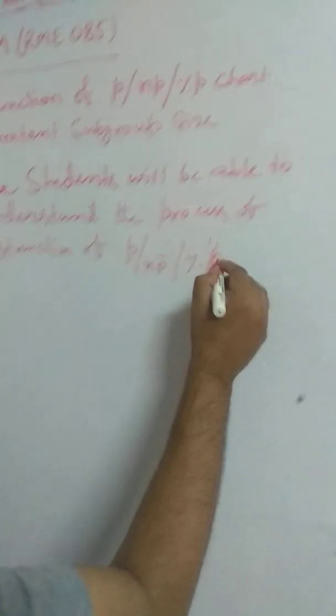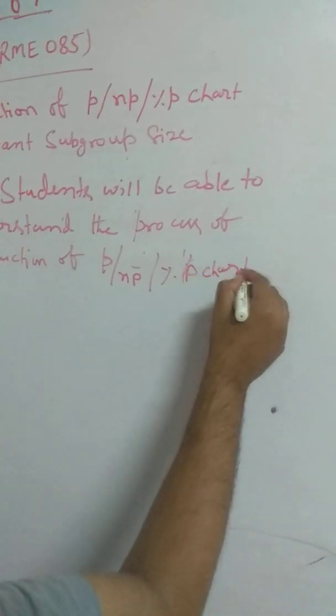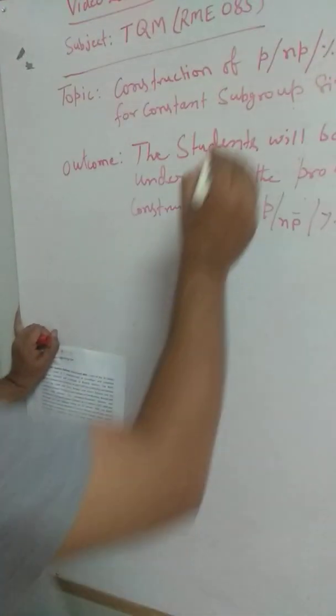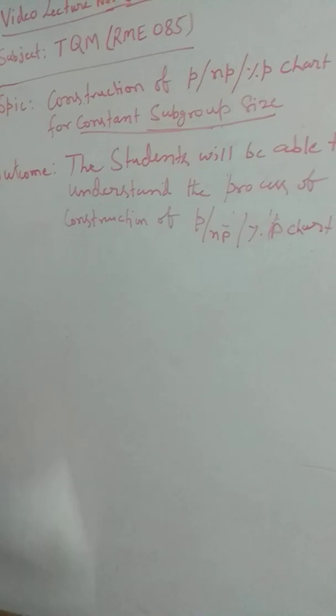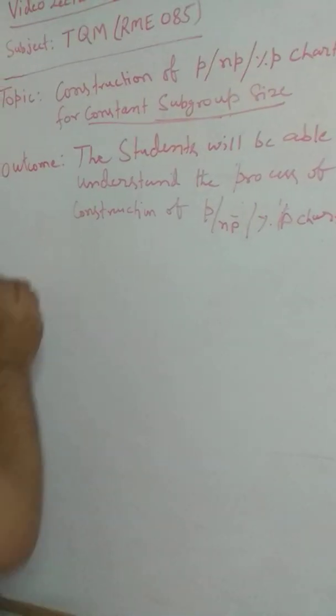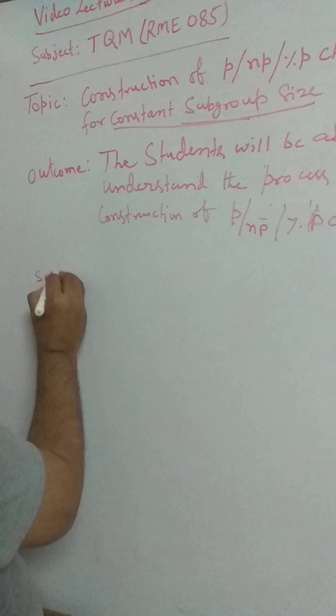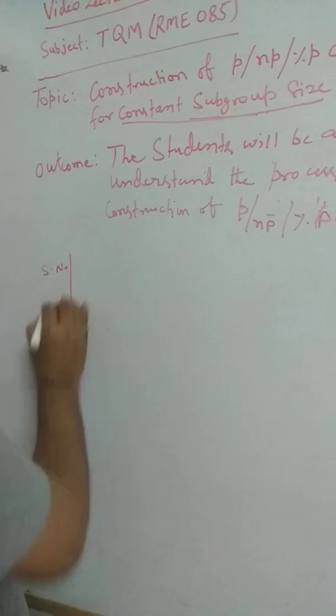P/NP/percentage P chart. Okay. So first you should understand the constant subgroup size. Suppose we are inspecting serial number 1.